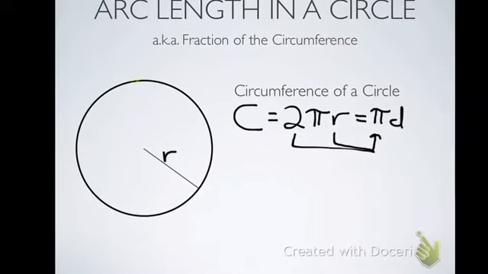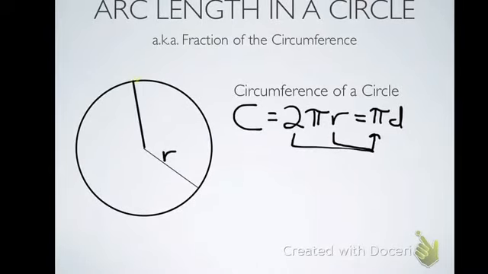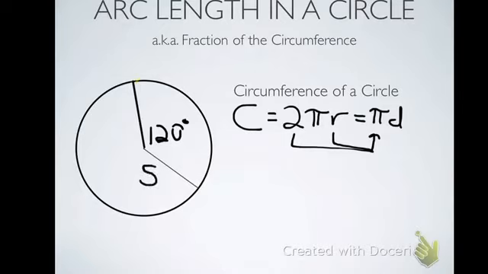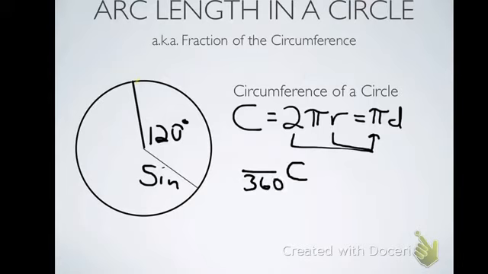So maybe we go back to our original problem here, and we have 120 degrees. And let's pick a radius. Say it's 5 inches. So I know the circumference is going to be 2 pi r, and I'm going to take a fraction.